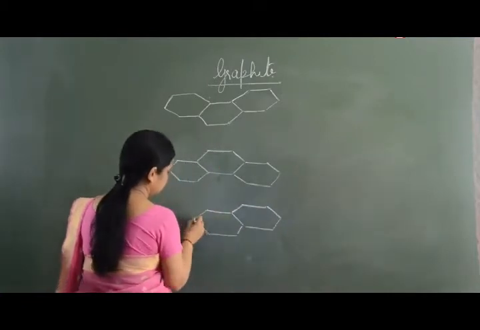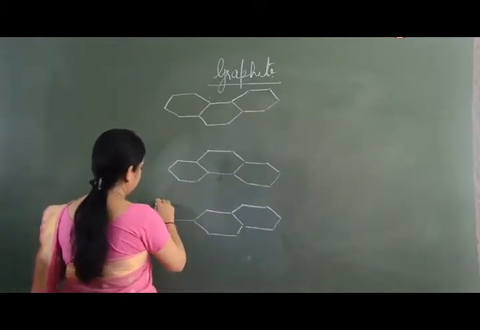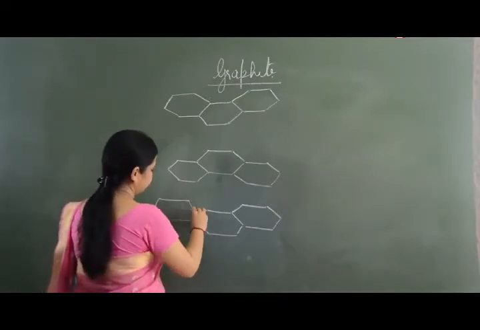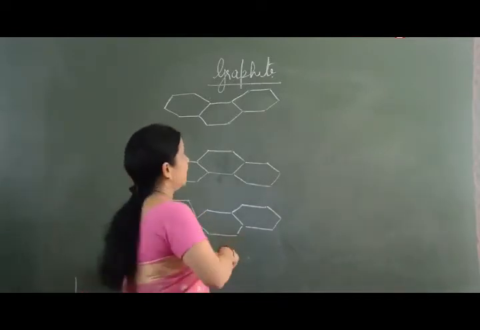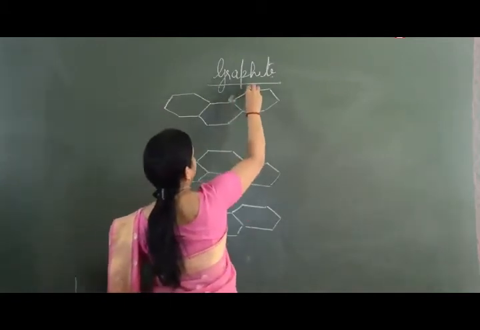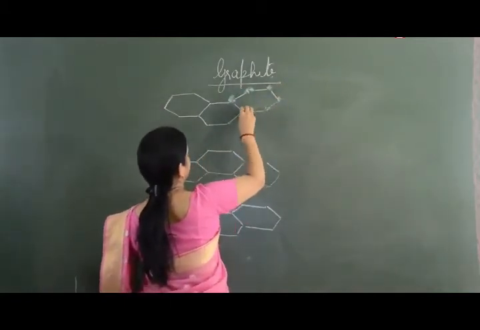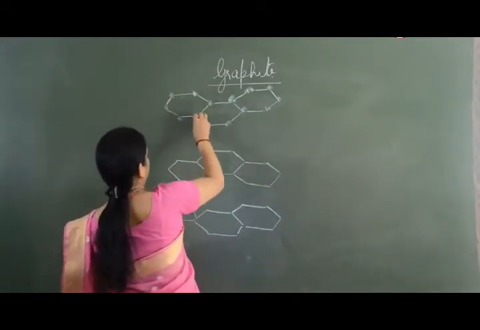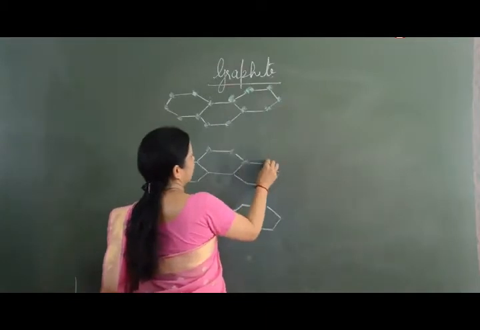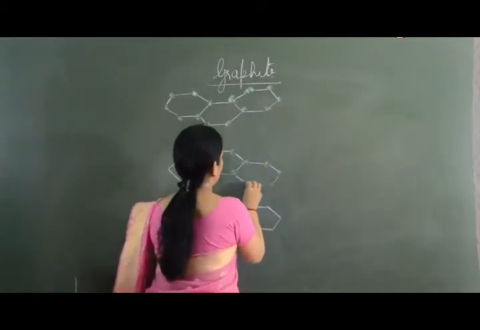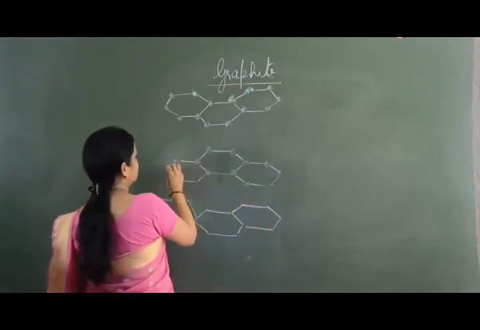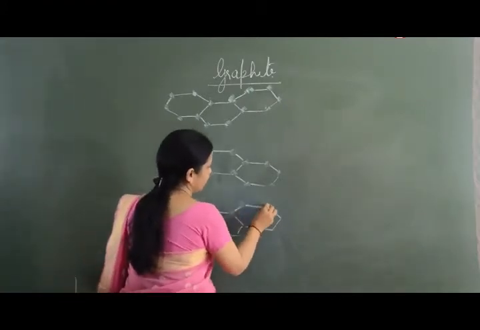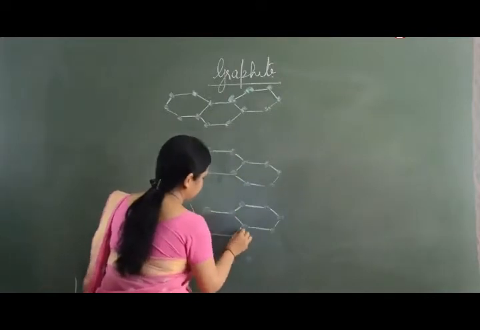This is the third layer of graphite. Now the carbons are hexagonally arranged, so this is the presence of carbon atoms. So here in graphite, the carbon is having a hexagonal arrangement. So this is the structure of graphite.